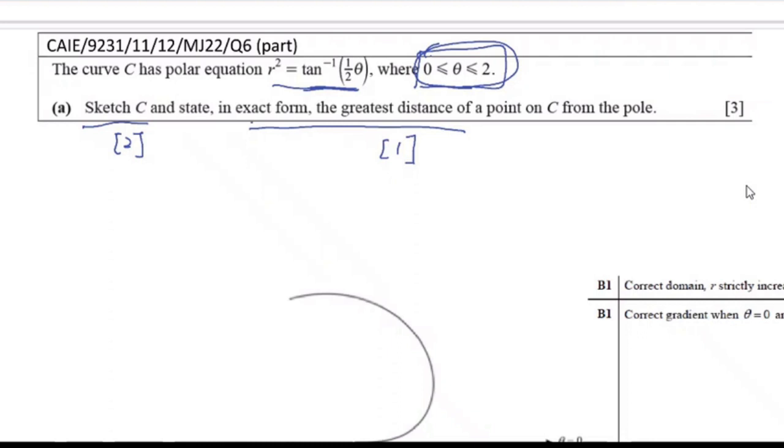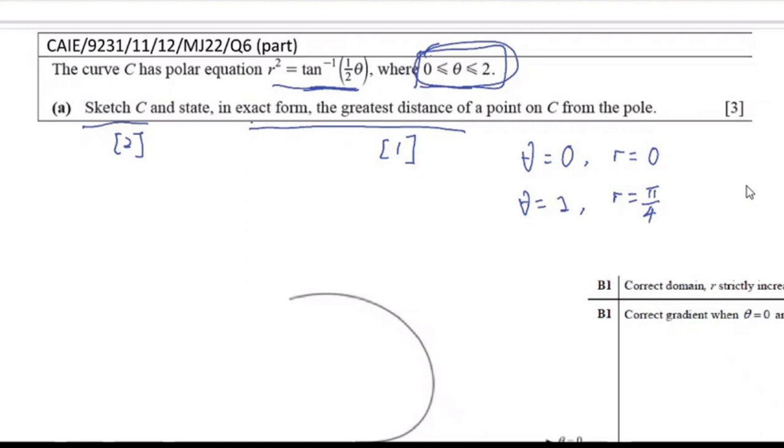For that, we can do a bit of substitution. Where theta is 0, the r value gives us 0. And where theta is 2, the r here gives us pi over 4. So we know that r is going from 0 to pi over 4, from 0 to 2 for theta.